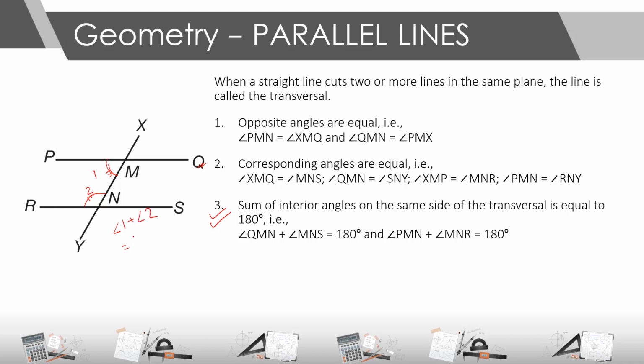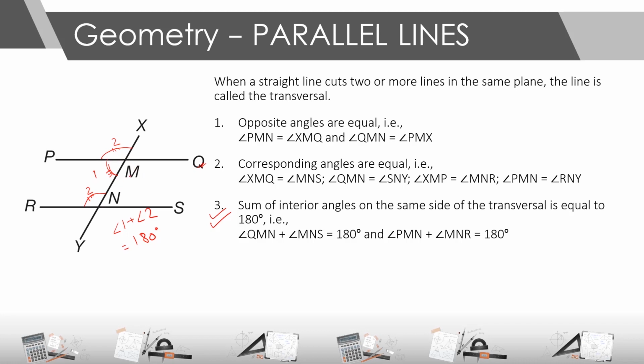The sum of these two is going to be 180 degrees. And you can easily see why this is 180 degrees. Angle 2 is equal to angle PMX, because we saw that in the second property because of corresponding angles. And sum of 1 and 2, because these are on the same side of the straight line, this is 180 degrees.